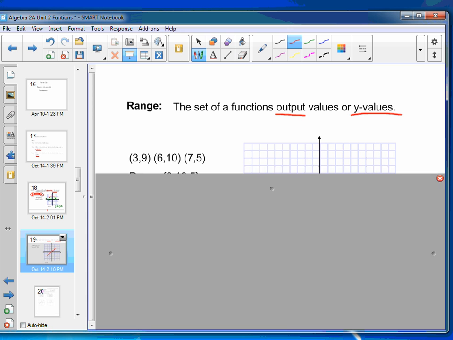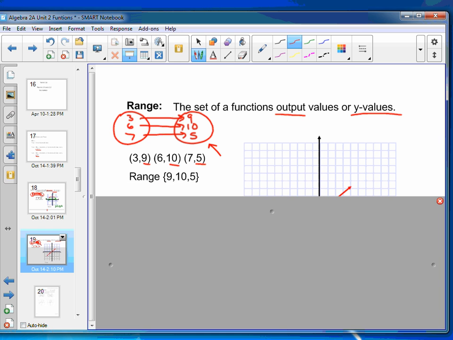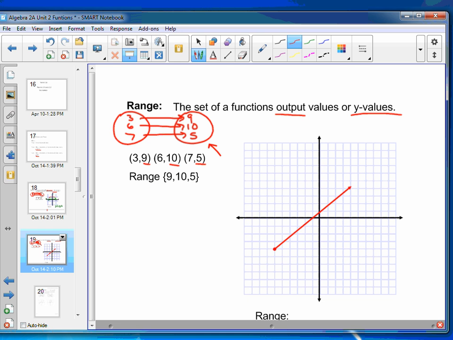Again, if we look at a mapping, such as this right here, we can put this into a mapping. 3, 6, and 7 are the inputs, and then 3 goes to 9, 6 goes to 10, and 7 goes to 5. So the range is a set of output values. So right here, the numbers in that set, the y's, the 9, the 10, and the 5, those are the range. That's your range.